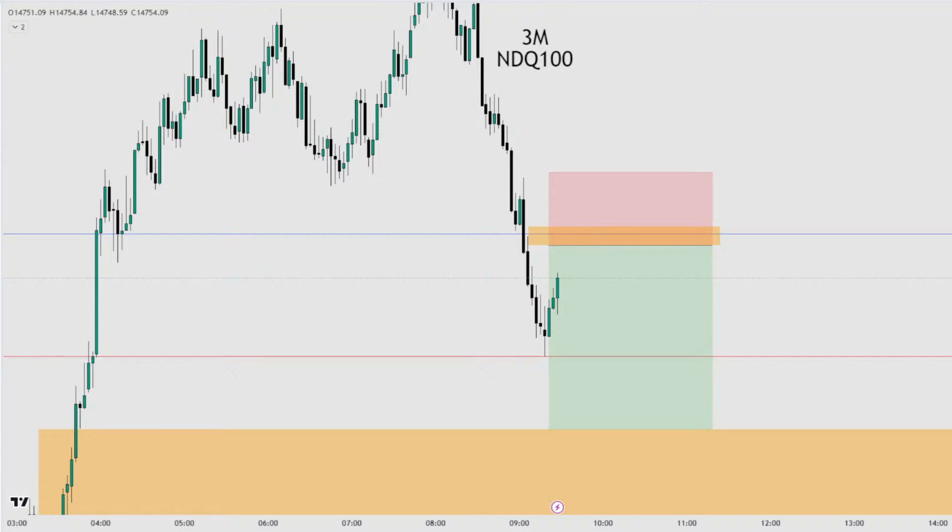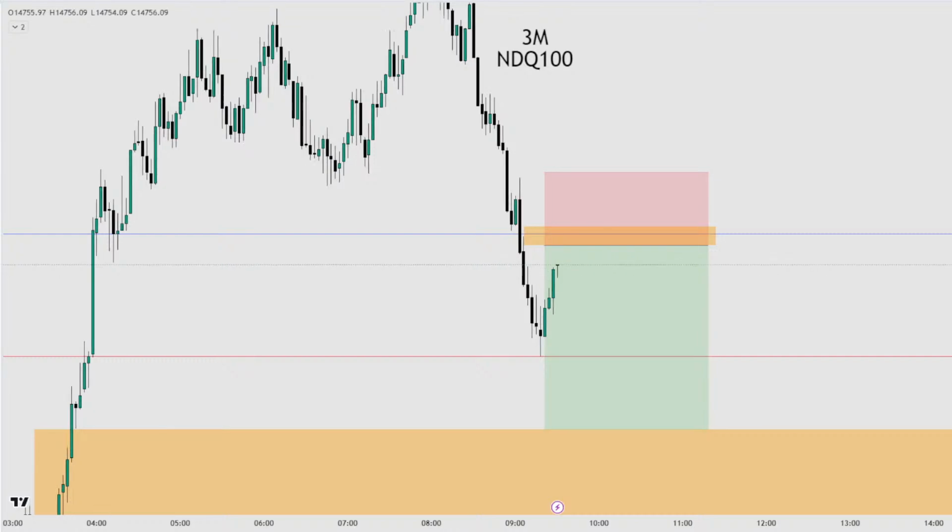Do you have a daily bias today? Well, today not that much, because we're inside a gap, and I want to see how we interact with this gap. We tapped the gap. I'm not entered yet.